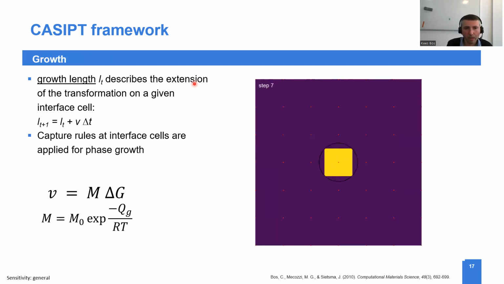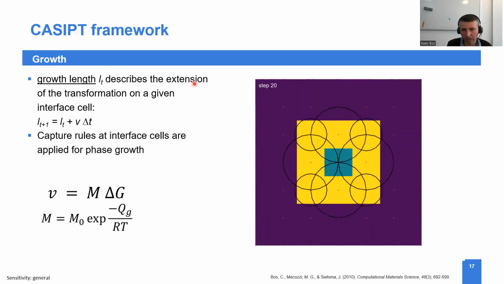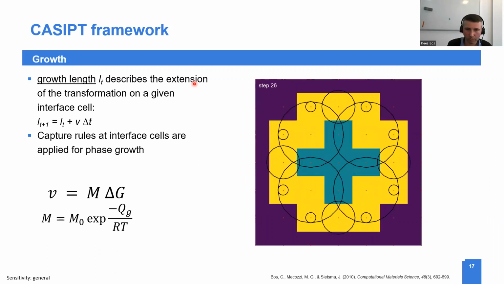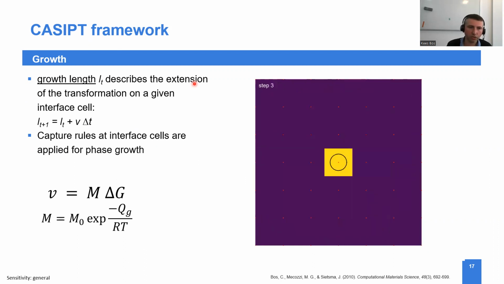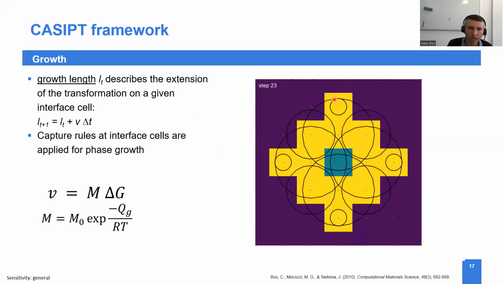Then to keep the model efficient, we essentially track the interface. So we only describe growth happening at interfaces. For this, we track the growth length of these interface cells, and you see here an illustration of how we do this.